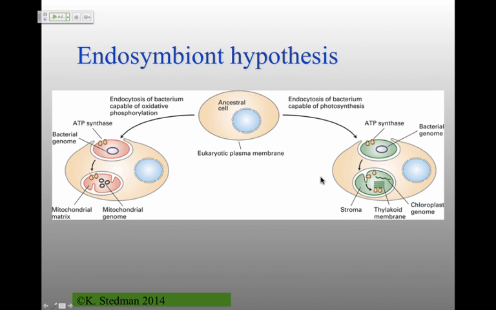I'm not calling it a eukaryotic or archaeal cell. People argue about that a lot. So an ancestral cell picked up one of these photosynthetic microorganisms, and this developed into all known photosynthetic plants, due to this picking up of the chloroplast.